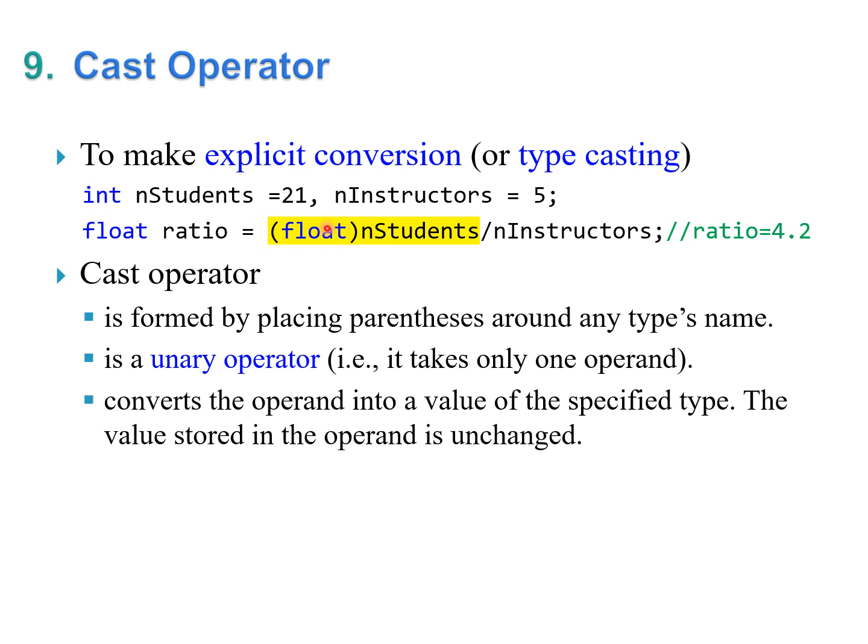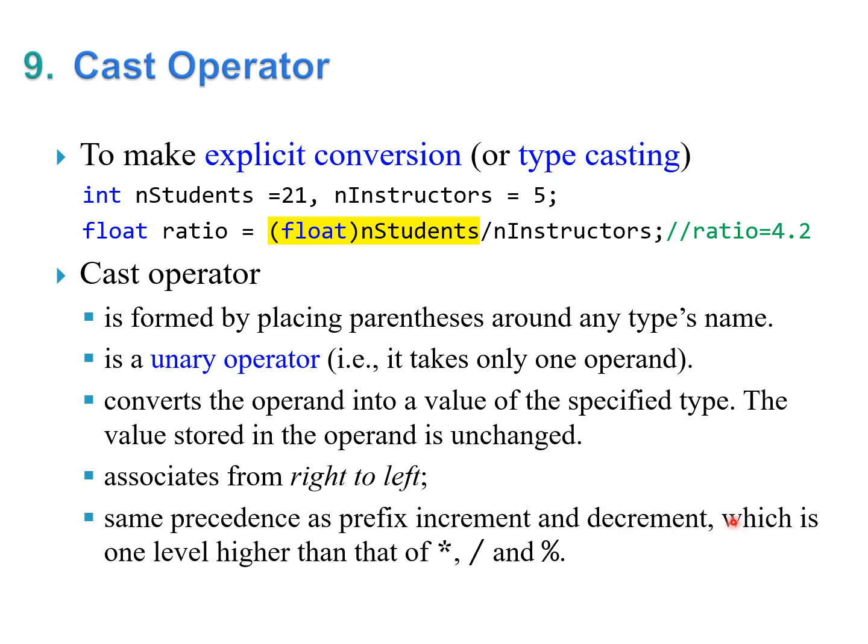But the value stored in the operand is unchanged. For example, when applying the cast operator (float) to variable nStudents, the value of the variable nStudents is unchanged.